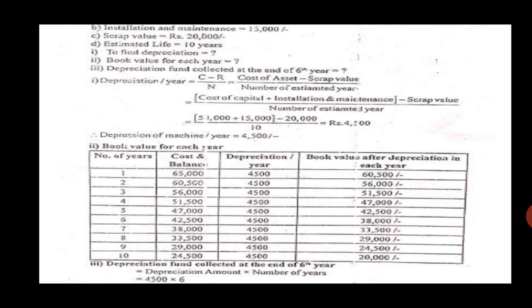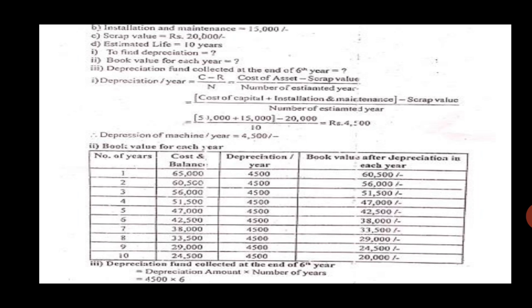So depreciation fund, depreciation per year, here straight line method, very simple it is. Depreciation per year is equal to C minus R divided by N, where C is the cost of the equipment, then minus R or S is the scrap value, and N is the life of the equipment.